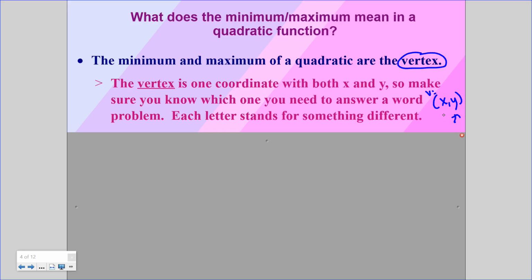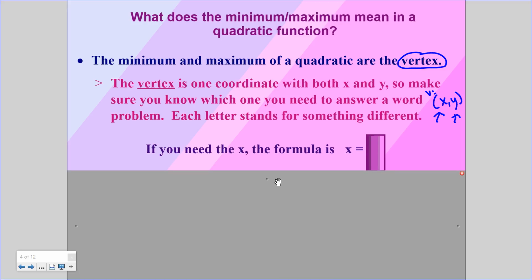But then if it was asking how long did it take to get to that high point, well, in that case, maybe the time variable is your x, and so you're really looking for the x portion of your vertex. A lot of this we'll be able to figure out from looking at a quick sketch of what's going on and determining which piece of your vertex you need.